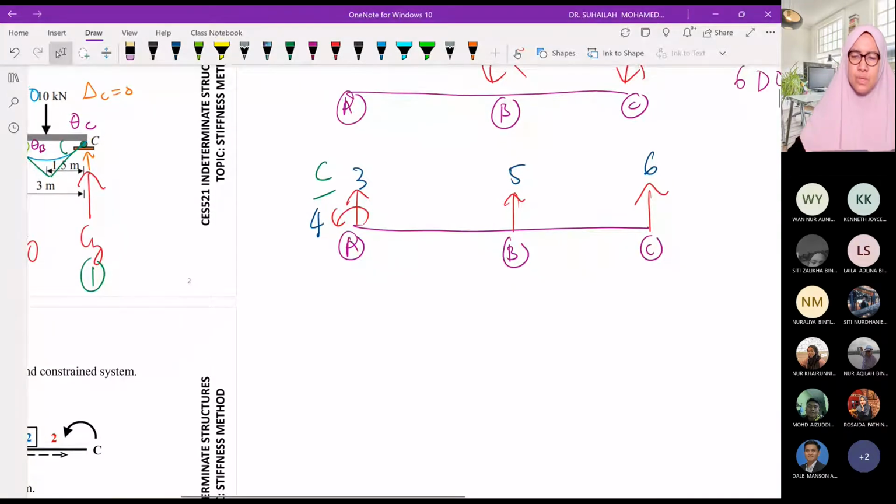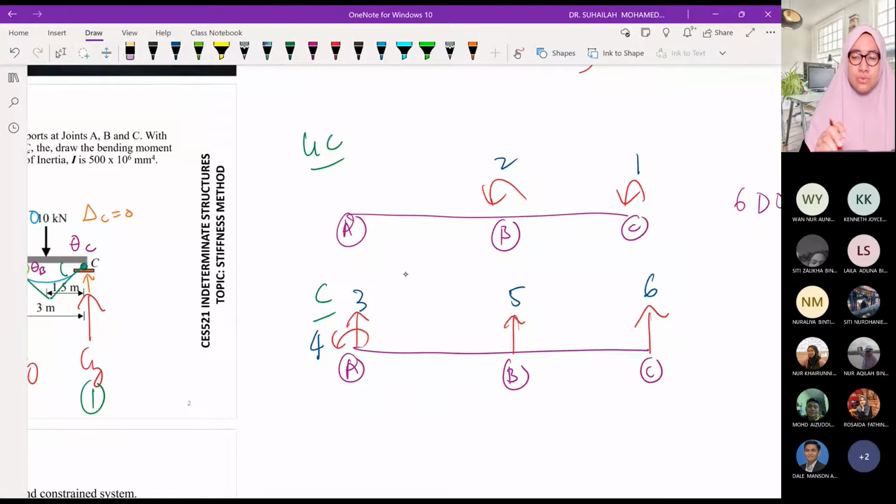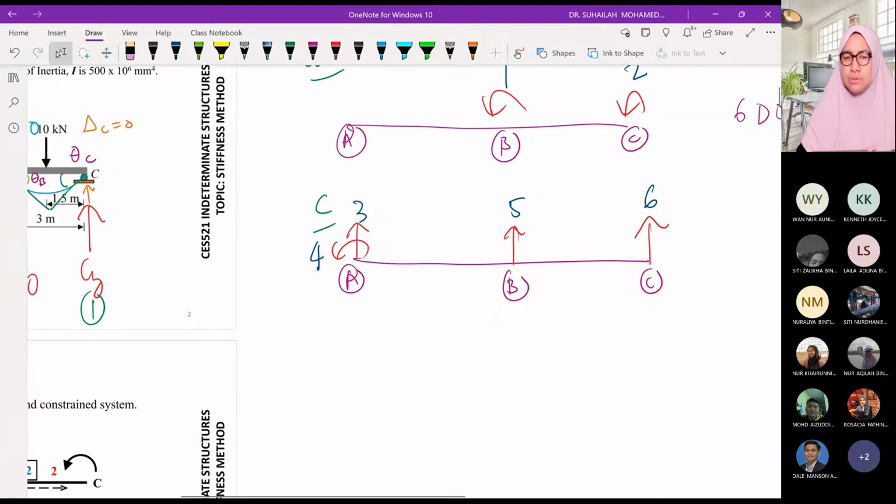It's up to you which one you want to choose as 1 or 2. Based on the example that I have, the solution that I have prepared, this is 1, this is 2. The same goes for the constrained system. If you want to start like this, 3, 4, 5, 6 also doesn't matter. It's up to you.